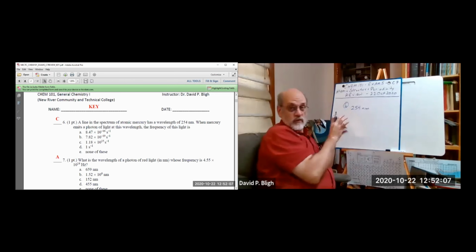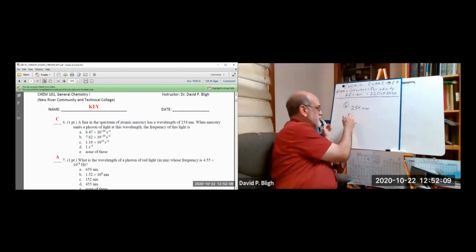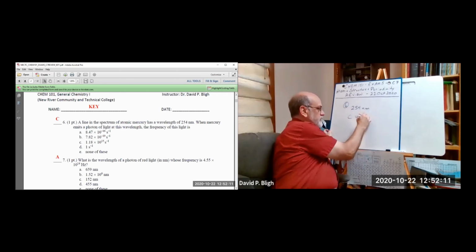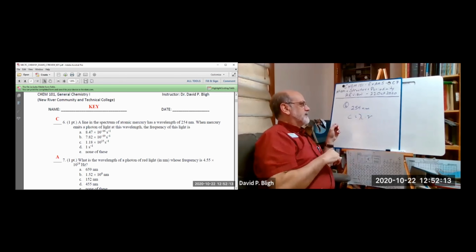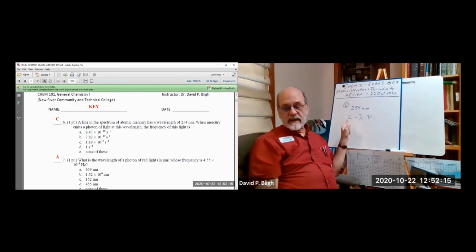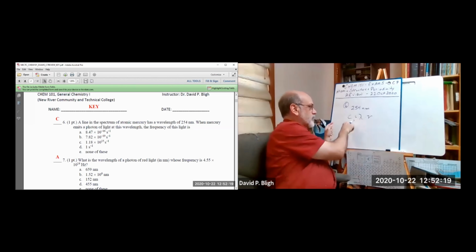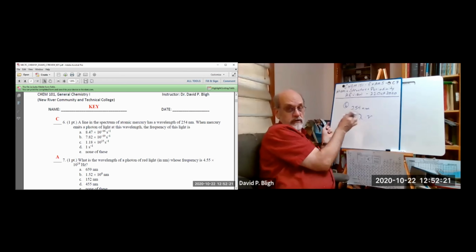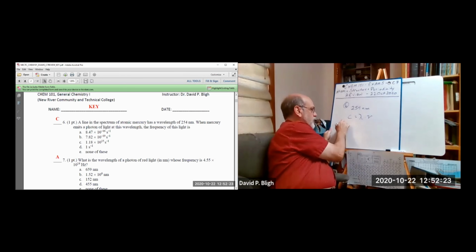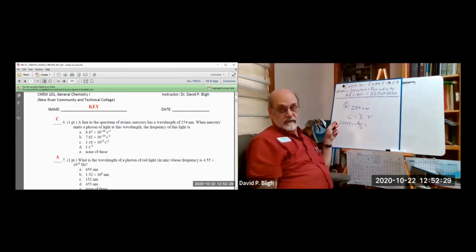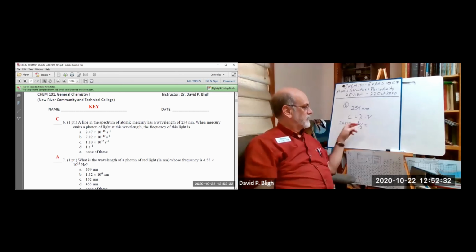Well, we just showed the relationship between wavelength and frequency is just this. But these have to be in standard SI units. Right? So the speed of light we would use is 2.9979 times 10 to the 8 meters per second, the speed of light in a vacuum.